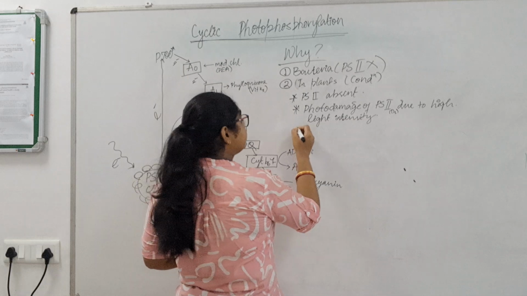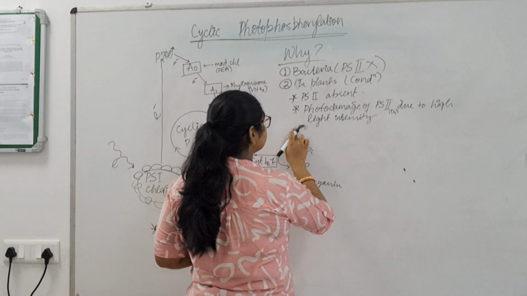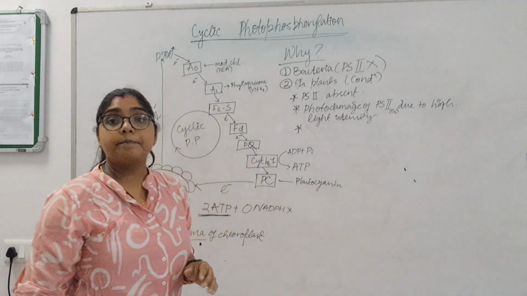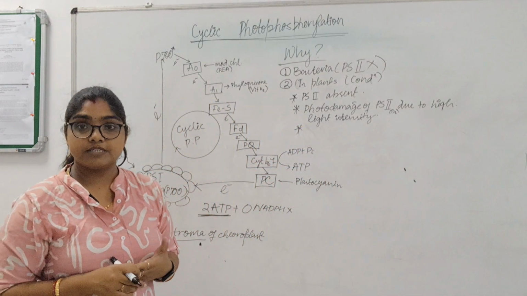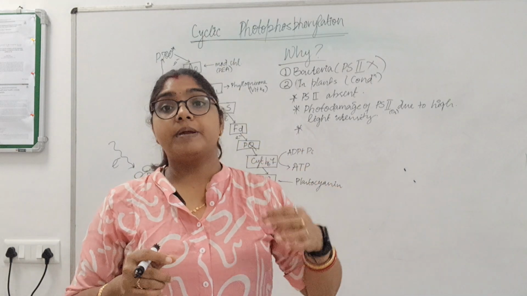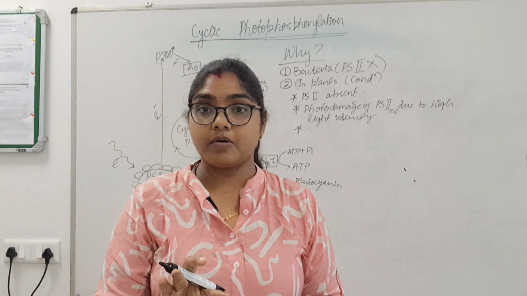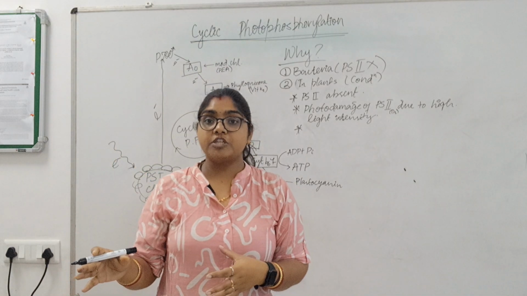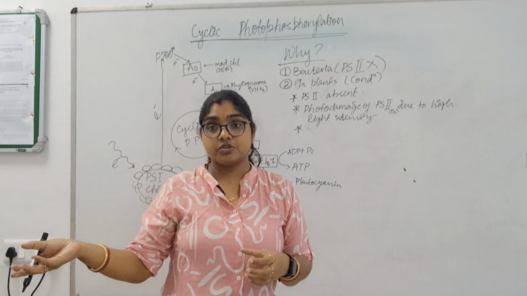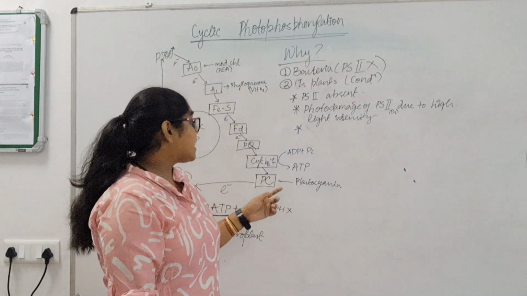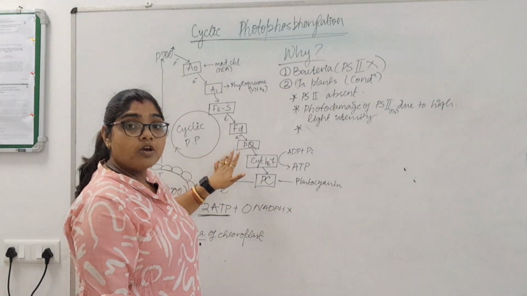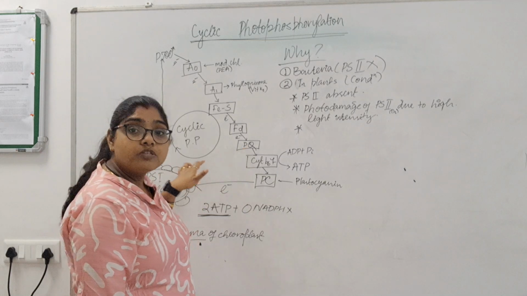Okay, then the third point is when there is an ample amount of NADPH present, but NADP is absent. The electron acceptor is absent, but NADPH is present in abundant amount. So it doesn't require more NADPH, and NADP is not present to accept the electron and be reduced to NADPH. So what happens when NADP is not present? The electron from ferredoxin will go to plastoquinone and follow the cyclic way.